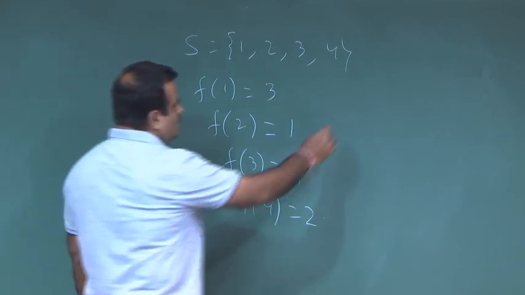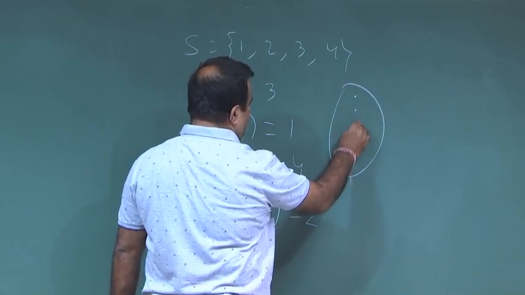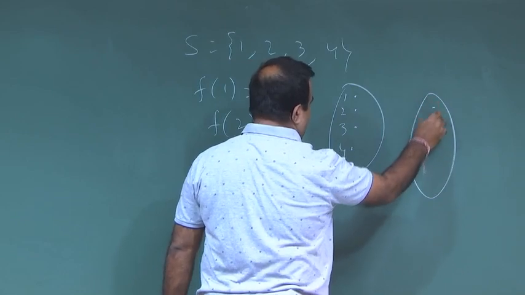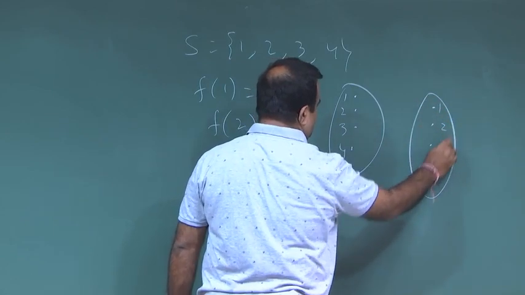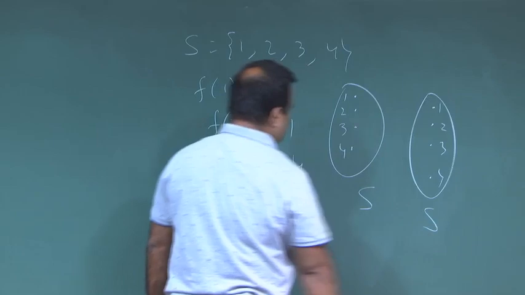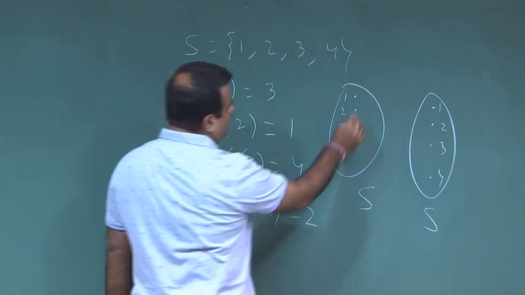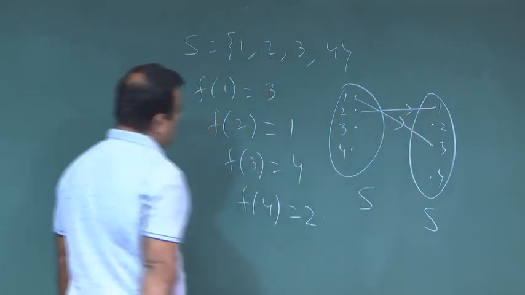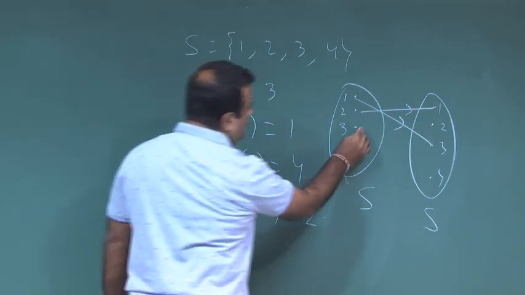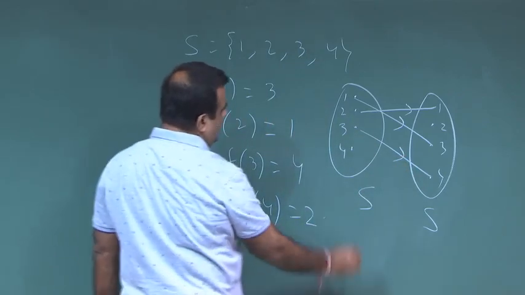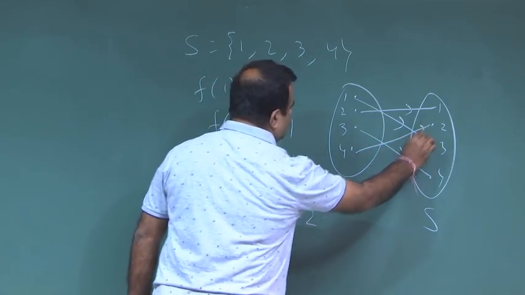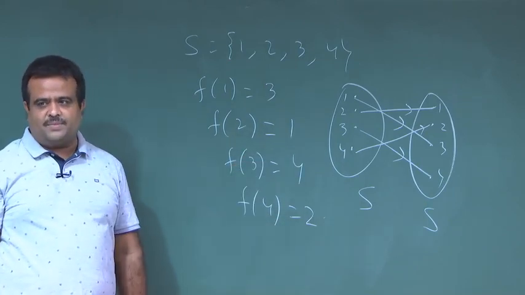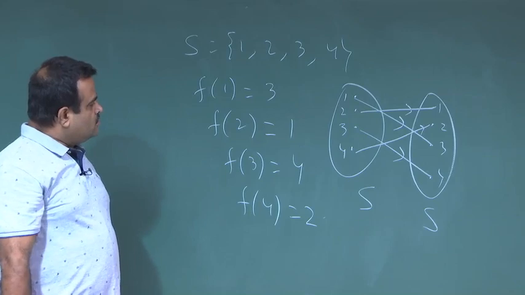So we have 4 points 1, 2, 3, 4 here, and 4 points 1, 2, 3, 4 here. This is the S set, this is the S set, this is the mapping. So 1 is going to 3, 2 is going to 1, 3 is going to 4, and 4 is going to 2. This is a 1-to-1 mapping, and also it is onto. So this is a bijection, so it is a permutation.